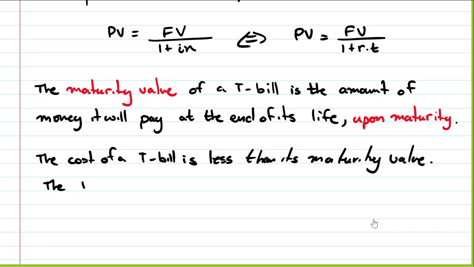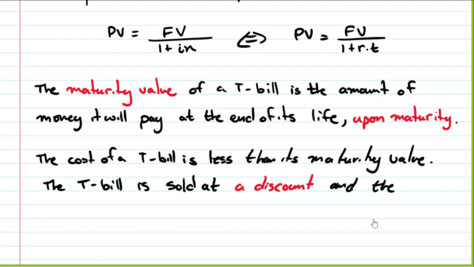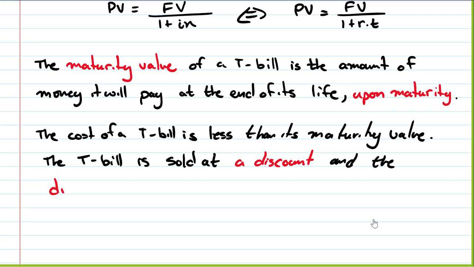So the T-bill is sold at a discount. And the discount rate is the annualized percentage of this discount.